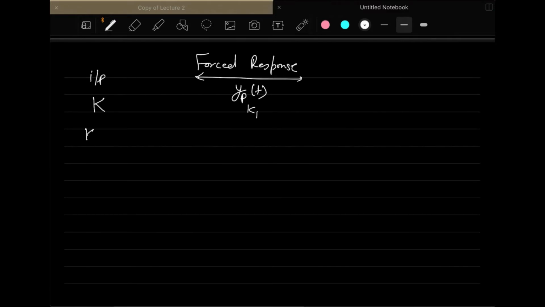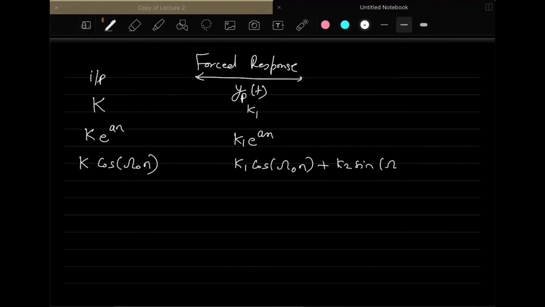If your input is exponential, then you assume the solution to be this. If the input is a cosine function, then what you assume is this, similar to what we had done for the continuous time. So it will be like this. And if your input is sine omega naught n, then your solution will also be the same.